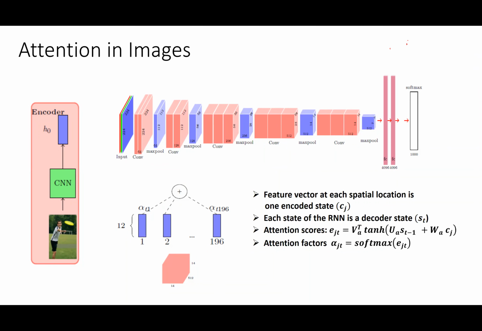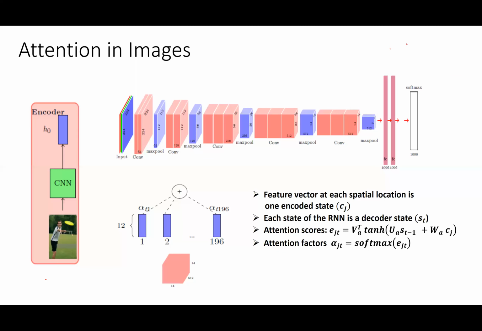See, usually what we need to do in attention is, the encoder in each of these applications may have several encoded states. So here in the image captioning problem, each spatial location has a feature after encoding through the CNN feature extraction block. Each region has an encoded feature vector.